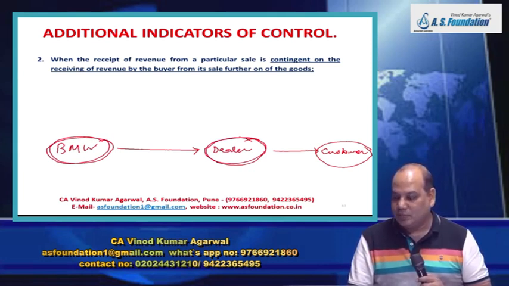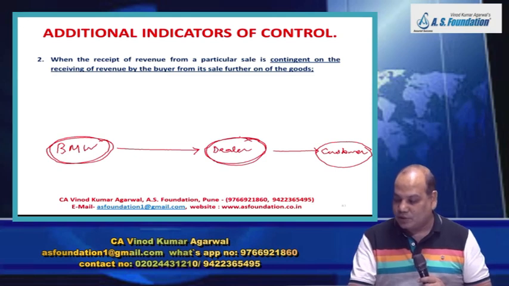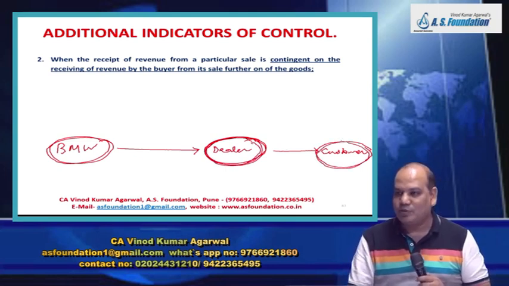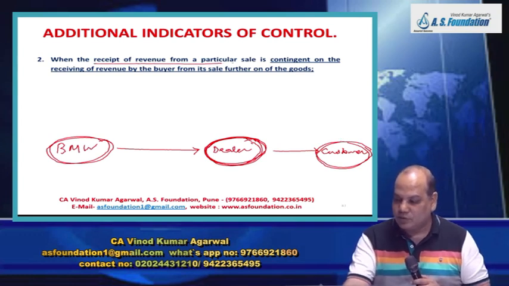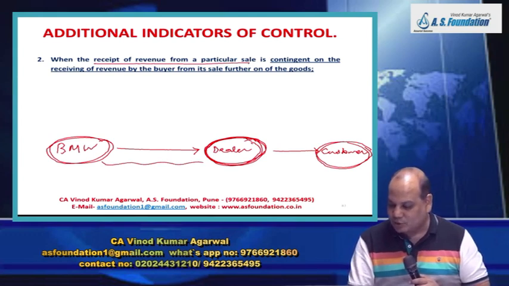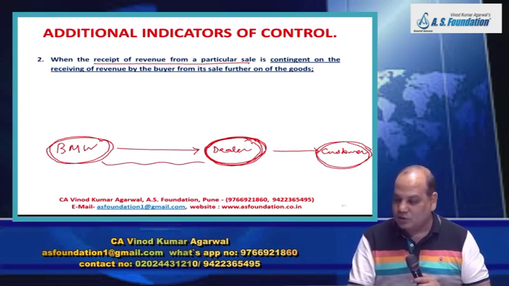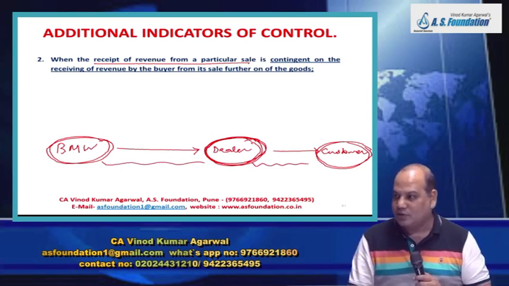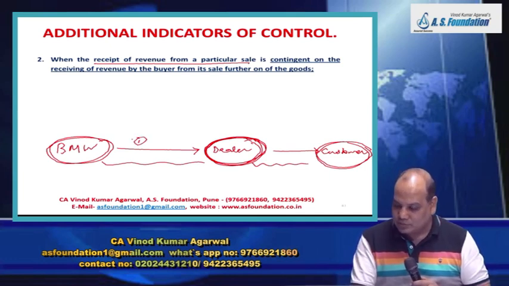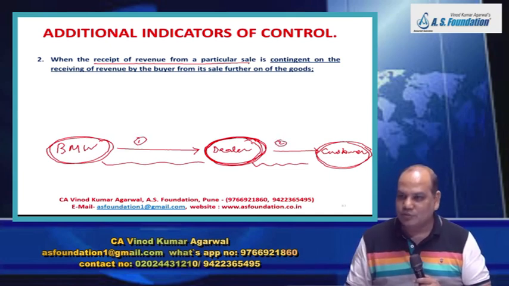It depends. But suppose in our example, the dealer will say, I will make you payment only if I am able to sell it to a customer. When the receipt of revenue is contingent on the receiving of revenue by the buyer from its further sale, should we recognize revenue here or at point number 2?